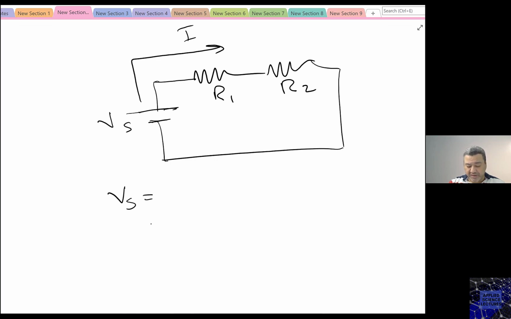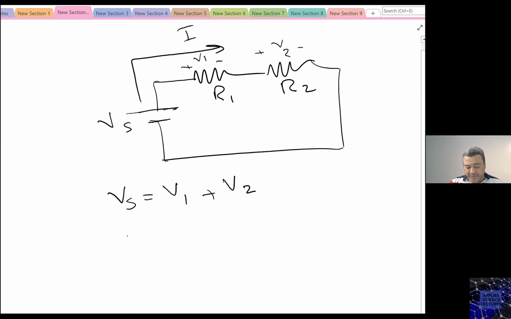Or here I have the voltage Vs will be the summation of the voltages V1 plus V2. So I have Vs equals V1 plus V2, right?